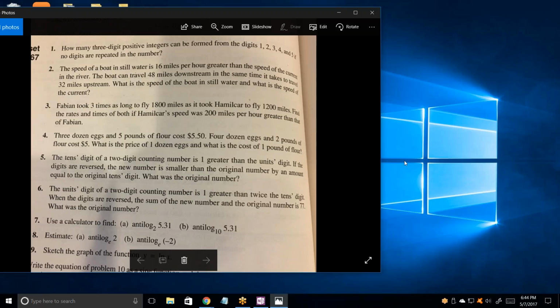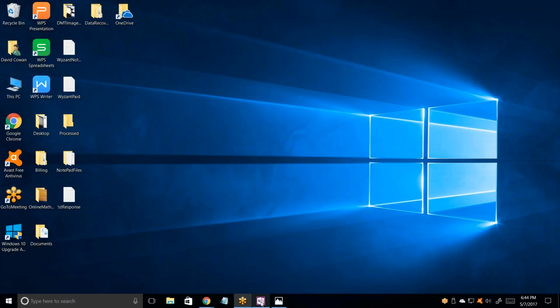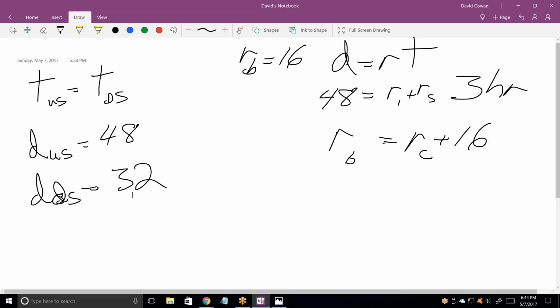The speed of the boat is 16 miles per hour greater than the speed of the current. Okay, can travel 48 miles downstream, the same time it takes to travel 32 miles upstream. What's the speed of the boat? What's the speed of the current? Okay. So working on the master formula, D equals RT.